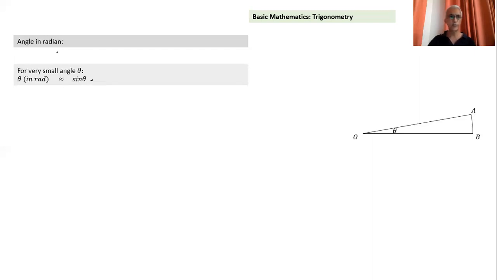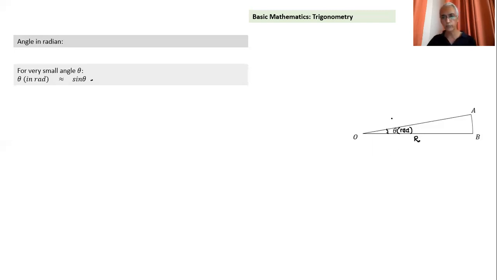To understand this, radian is in the form of an arc of a circle and radius. Here AB is an arc of a circle, R is the radius. If the angle is small, it is a small part of the circle. The two ends of the arc are connected to the center, and this angle forms theta in radian. Theta in radian is equal to the length of the arc divided by the radius.